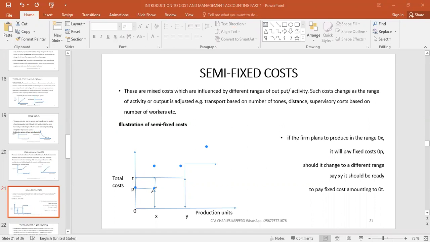Meaning, as the number of units exceeds that range, we are expected to incur an additional cost.